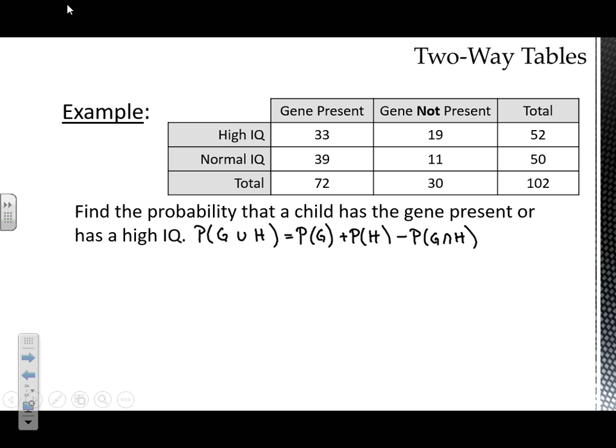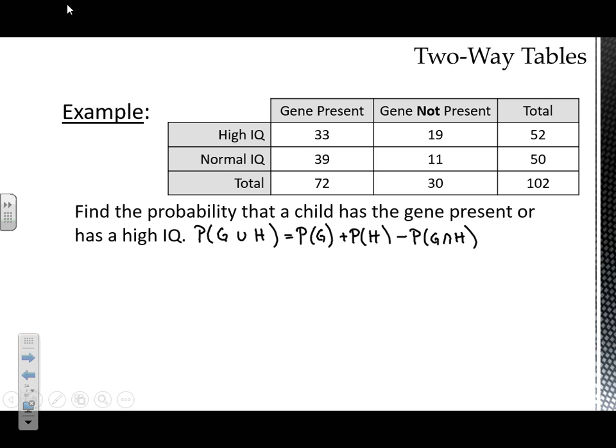So if we're looking at this in terms of our two-way table, what was the probability that they had the gene? 72 out of 102. What was the probability of having a high IQ? 52 out of 102. What's the probability that they have both the gene and a high IQ? 33 out of 102.